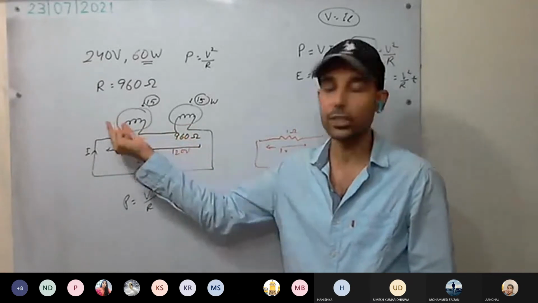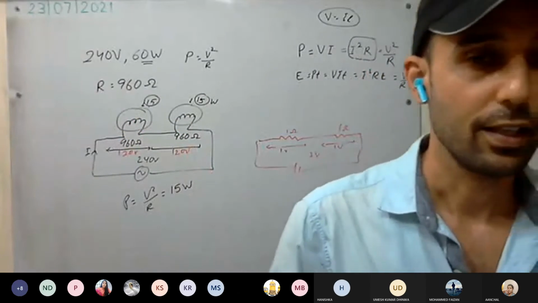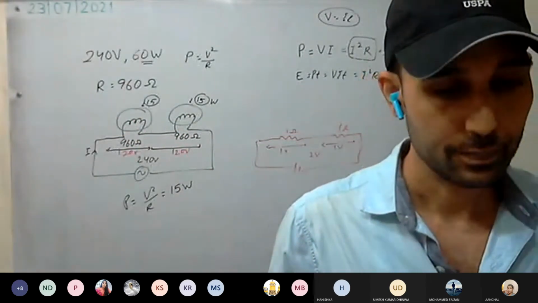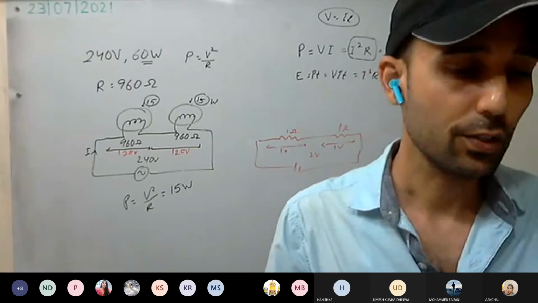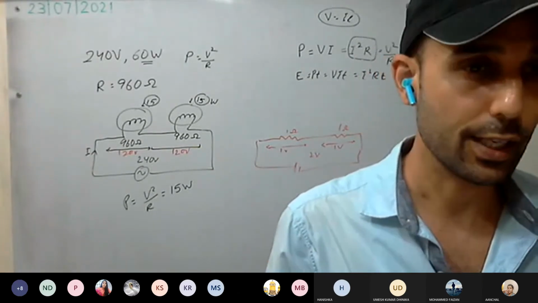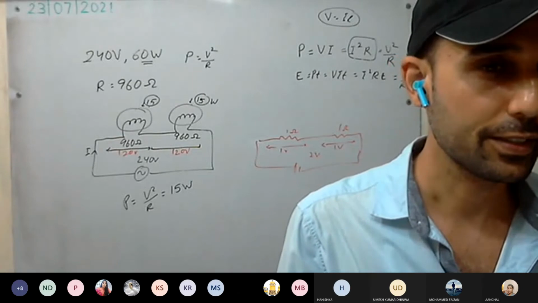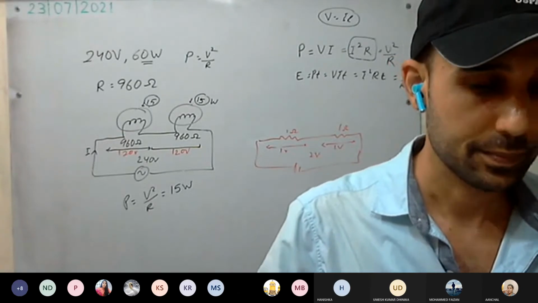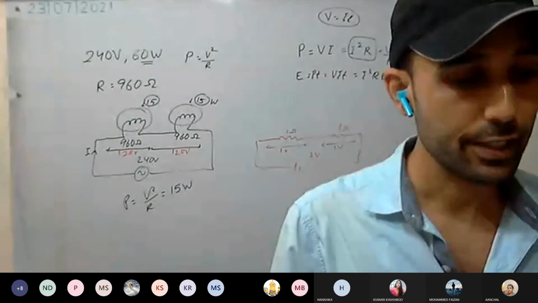So we could have calculated the voltage available across each bulb. Okay. Are they clear? Yes. So if school starts, these numericals we are going to do in class. These bulbs we'll take again in class. Any doubt you have anywhere?